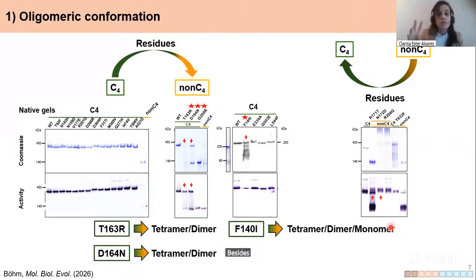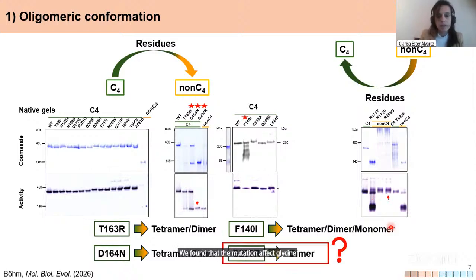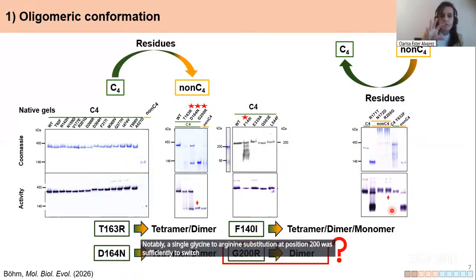Besides, we found that the mutation of glycine 200 promotes a complete transition to a stable dimer, and to a stable tetramer in the reverse mutant.